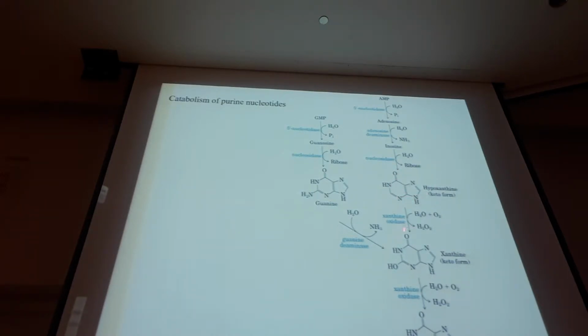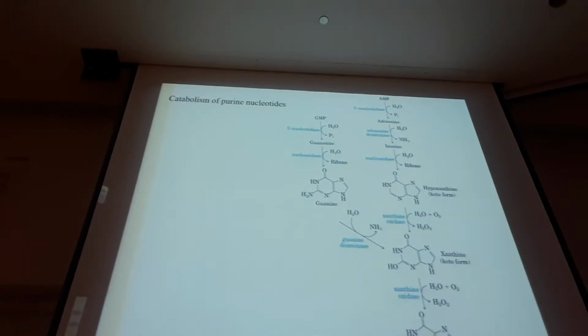We oxidize this, utilizing the same enzyme as we saw here for this reaction, xanthine oxidase. We introduce first a hydroxyl group here, okay, and then further convert xanthine into uric acid. And uric acid is what we, the primates, actually produce and release as a degradation product of purine nucleotides.